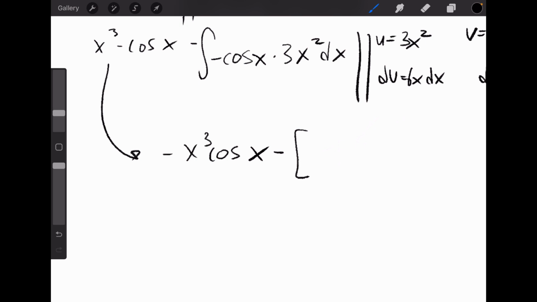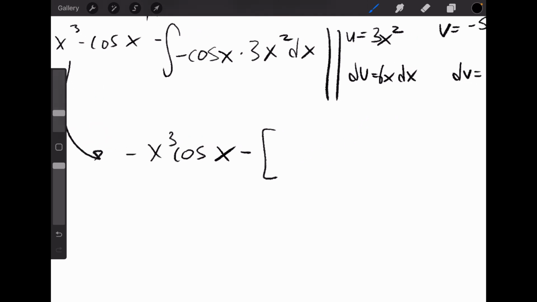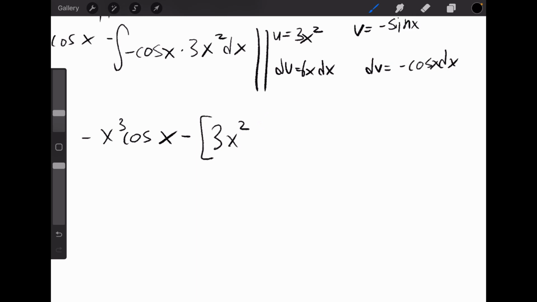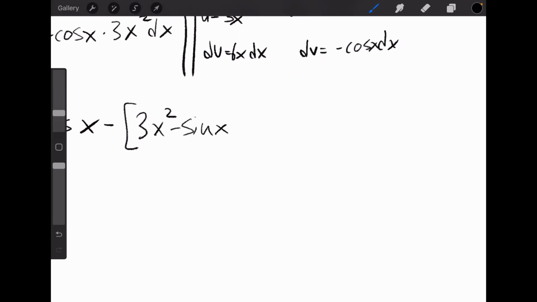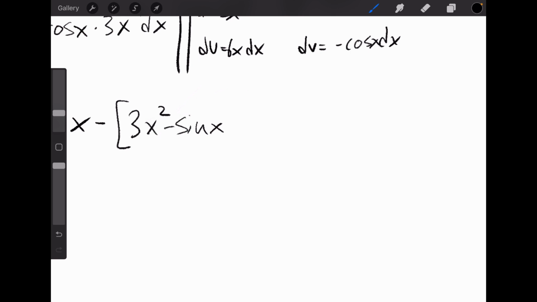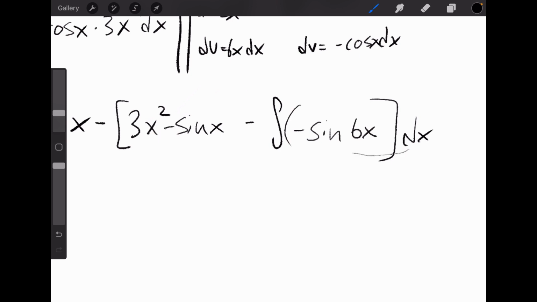So minus, we're going to do u, 3x squared, times negative sine of x. And then we're going to do minus the integral of negative sine x times 6x dx. Right? Well, the dx only applies here.